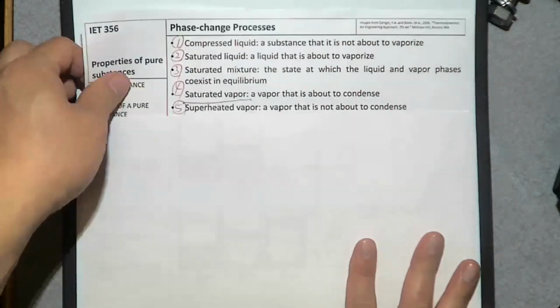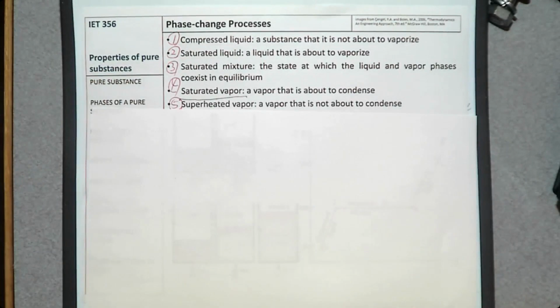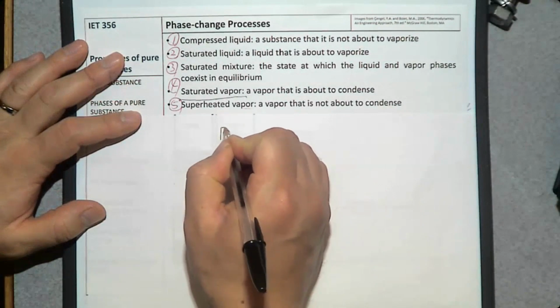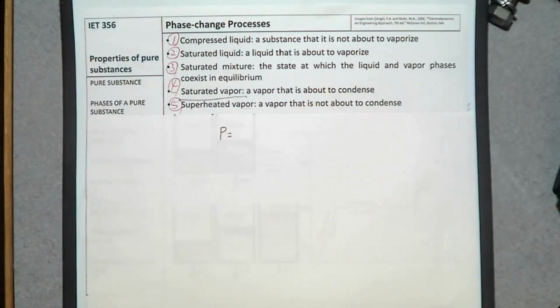So there are 2 property diagrams we can use. One is the PV diagram if you know the pressure. If you do not know any property of your system, you cannot evaluate a property. You need to know some minimum information.